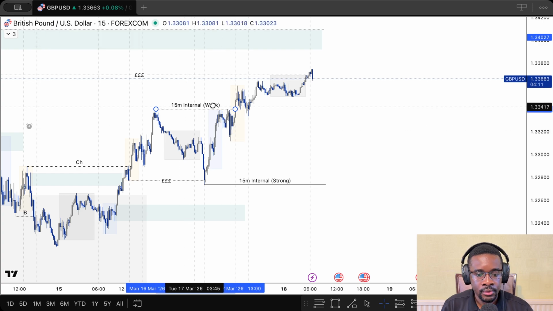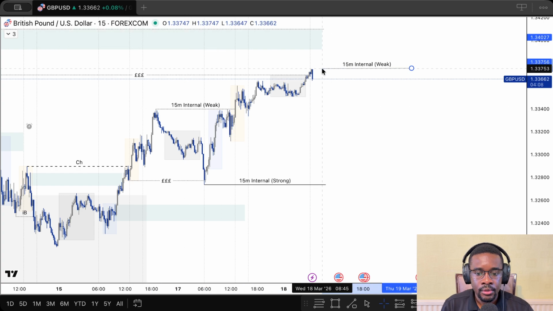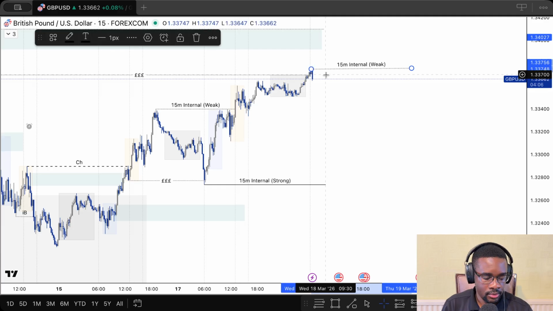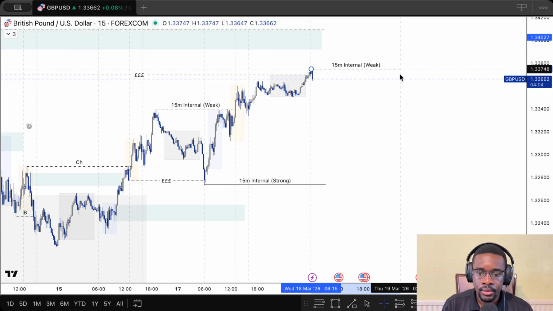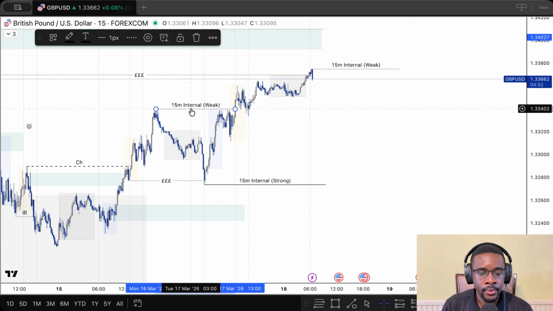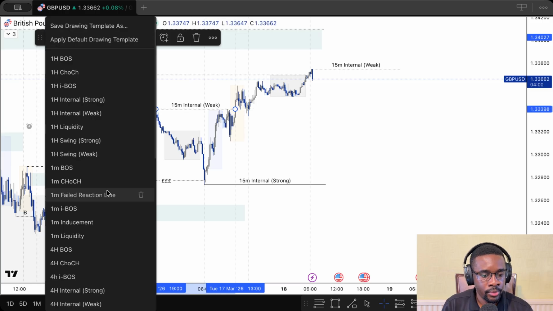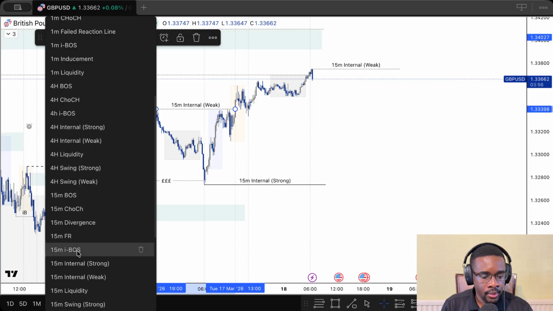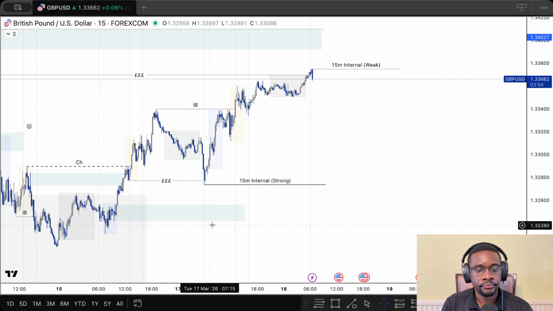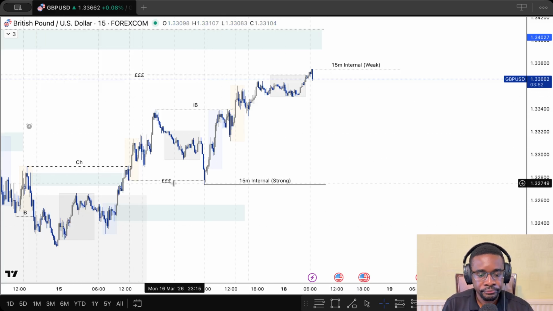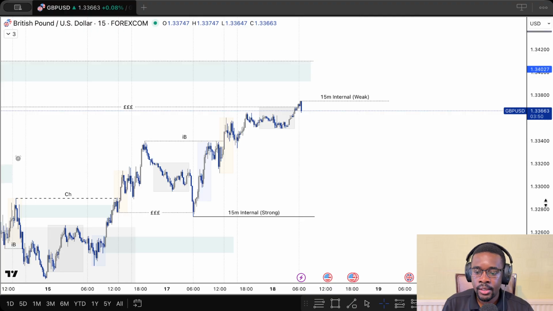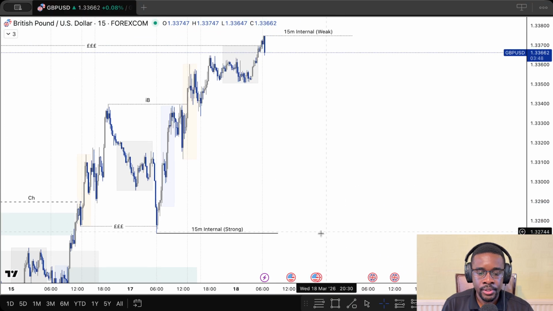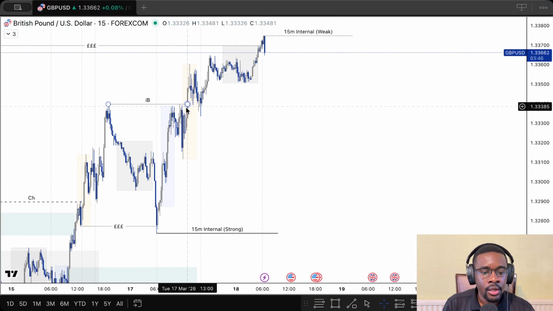Okay, so I'm just gonna classify this as my weak internal for the moment, though it's still being developed. And then 15M IBOS. Okay, so we've had a breakout structure, we did sweep liquidity, and then price is very much looking strongly bullish.